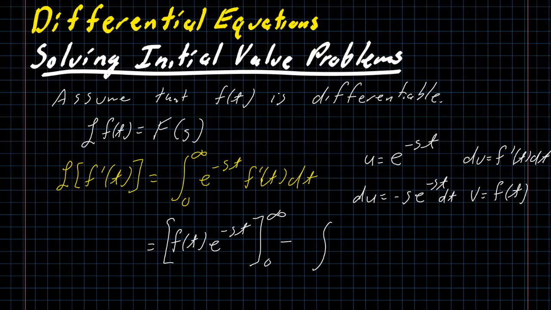So we've got a minus s, so minus a minus is plus s. We've got e to the minus st, we've got f of t, and we've got dt. Right, just moving the factors of du around in the way that's most convenient.